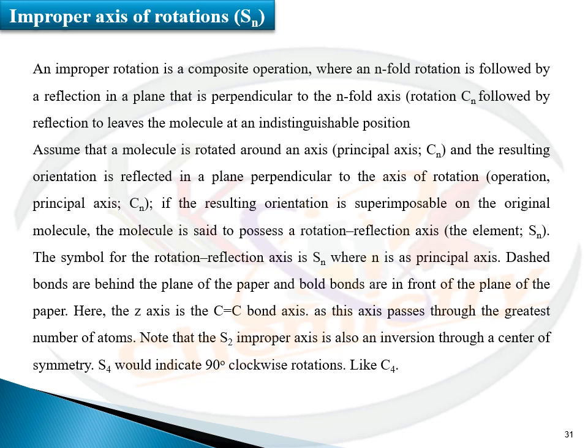If a molecule possesses an improper axis of rotation, the symbol Sn is used for it.